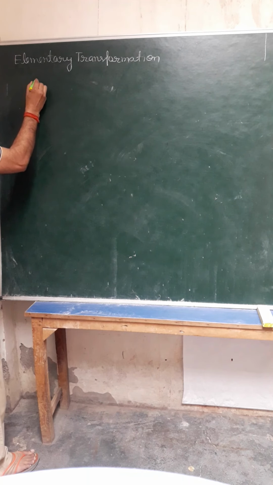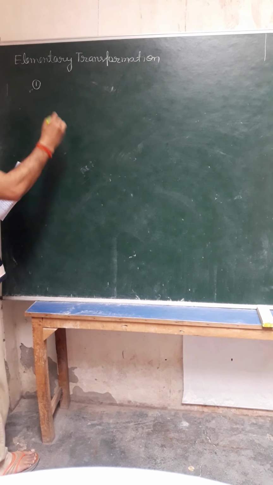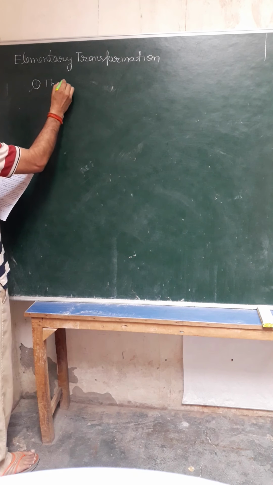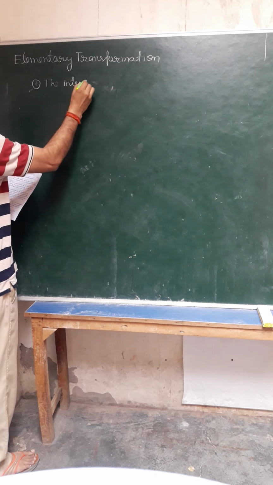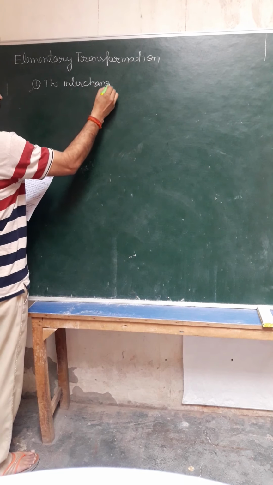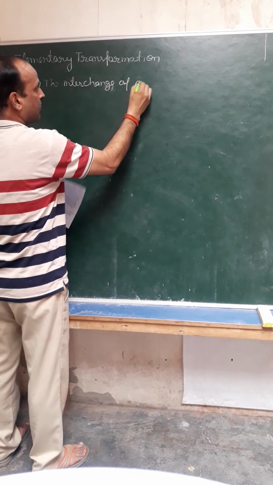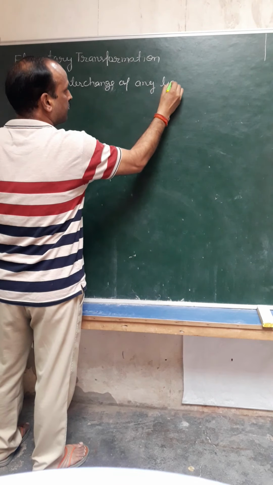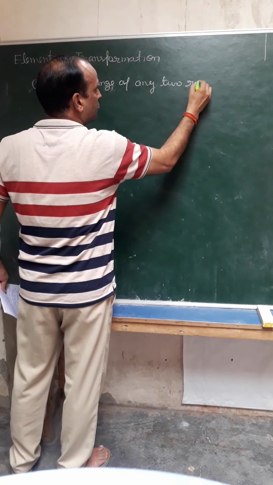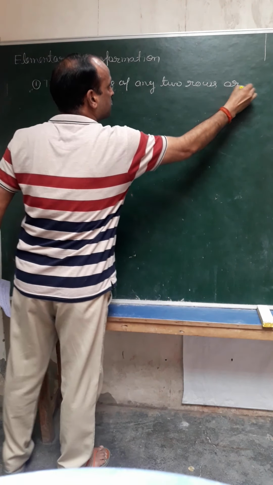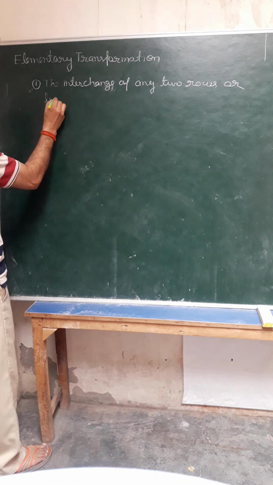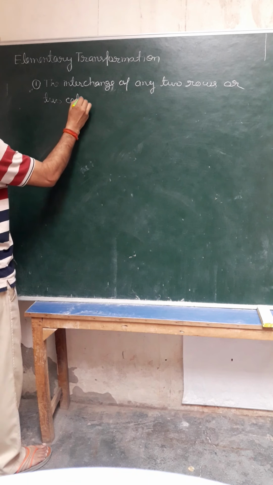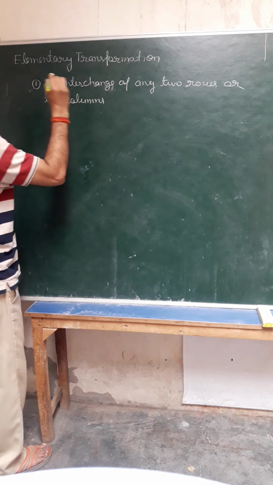The first transformation is the interchange of any two rows or two columns.